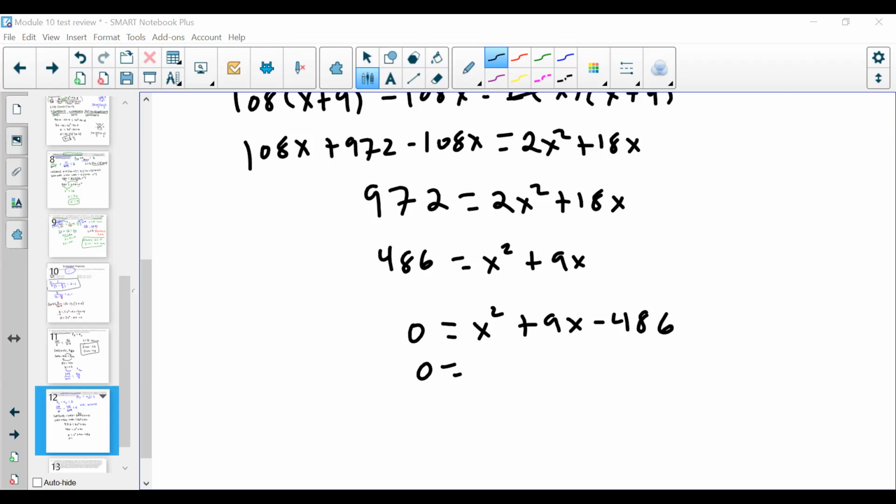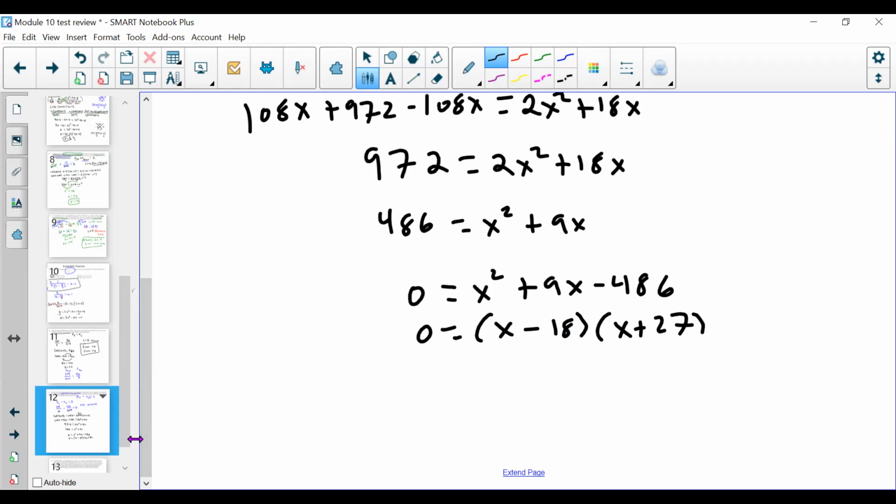Let's figure it out. So 18, yeah, so I can get x minus 18 and x plus 27. That's what it factors out into. I just kind of looked at the key to figure that out pretty quickly. I was going to try to do that in my head. You won't get any numbers that big on the test anyway.